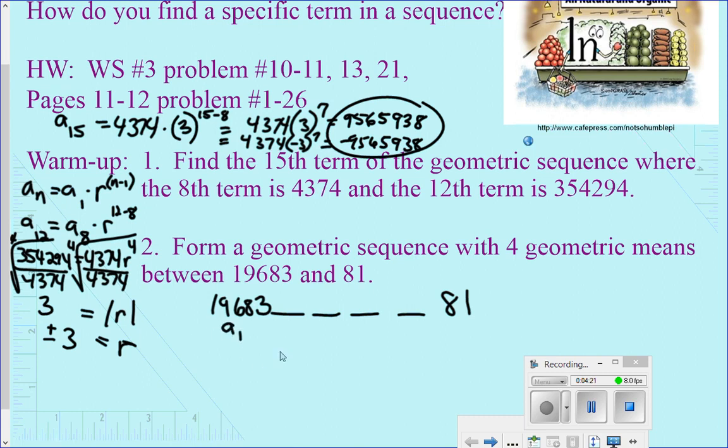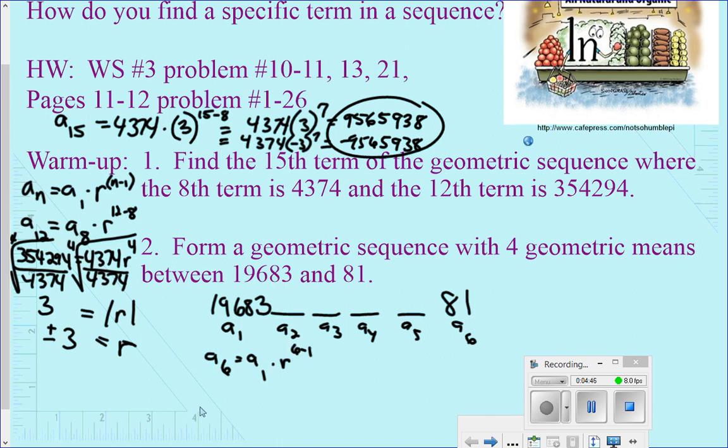This is a sub 1, 2, 3, 4, 5, and 6. So I'm going to use those numbers and substitute into the explicit geometric formula and solve for r. So when I do that, a sub 6 is equal to a sub 1 times r raised to the 6 minus 1 power.